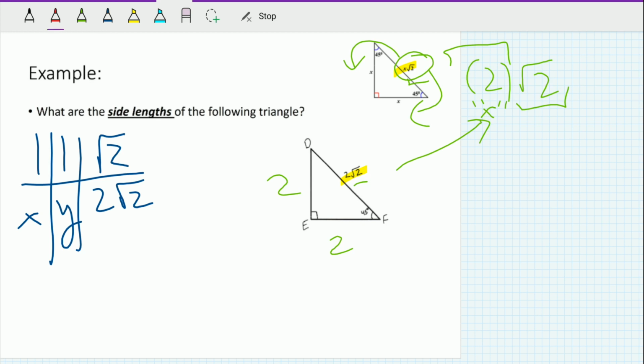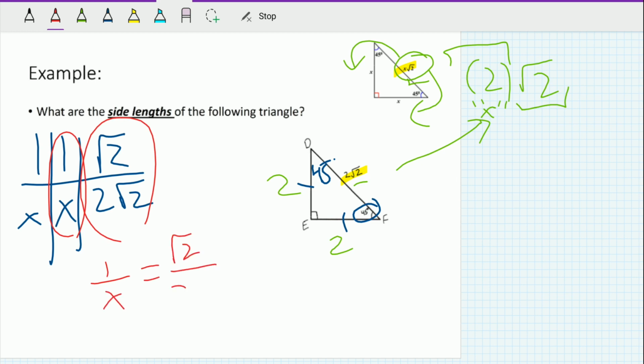Oh wait, I erased it and I put y again. It should have been x, x, because these two should be congruent: if this one is 45, then using basic math, knowing that a triangle adds up to 180, and so on. So then, setting up our equation, we get 2 square root 2. There are two different ways of setting this up.